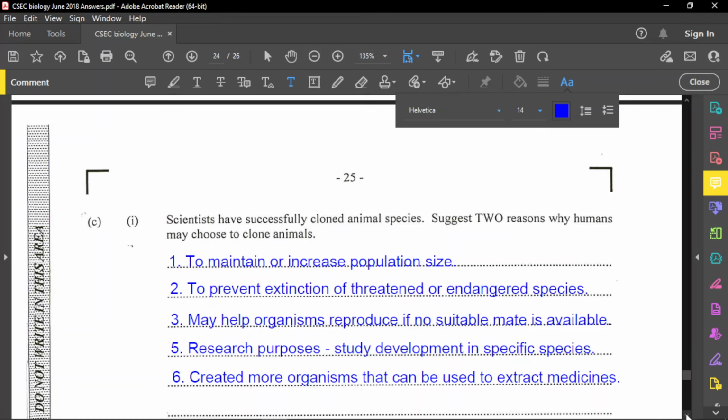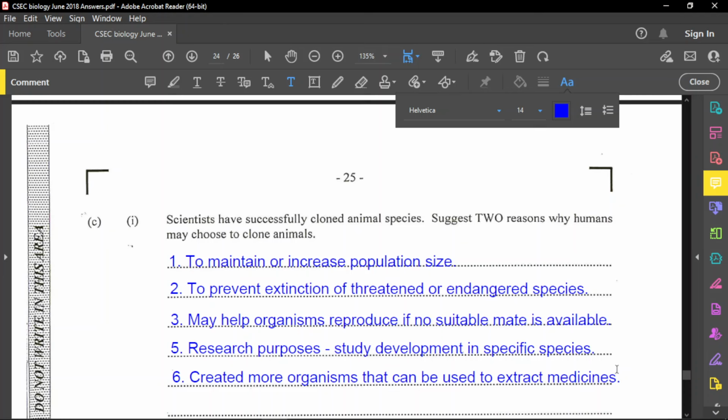They may clone animals as well to help the organism reproduce if there is no suitable mate or if no mate is available. For example, if you only have male animals, you may want to clone them so you can have more of the species. If you have only female and no male, a similar thing could happen. Another reason could be research purposes, to study development in that specific species.